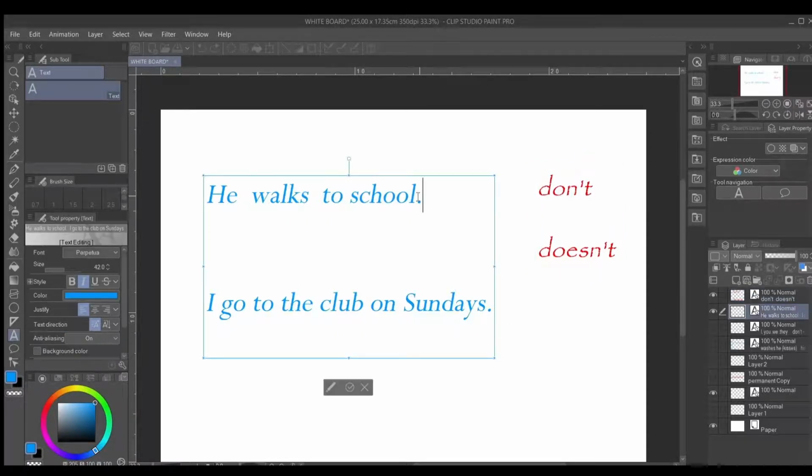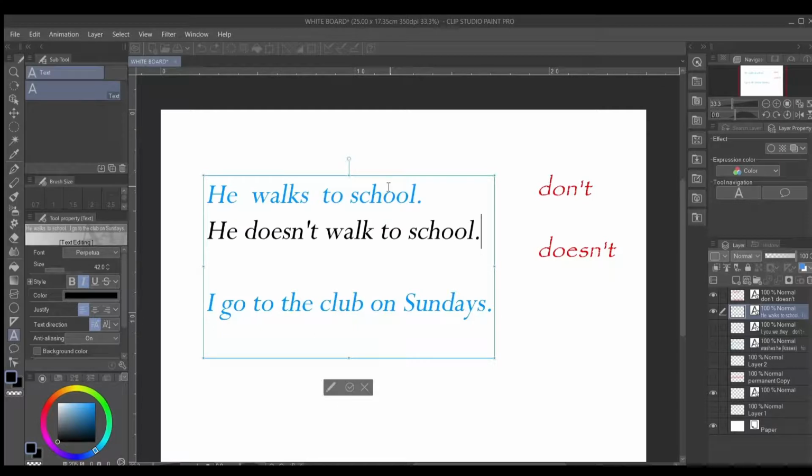So let's try to answer these examples. He walks to school. I want to change it into negative. I want to say that this does not happen. He walks to school. I'm going to say he doesn't walk to school. You see what happens here?